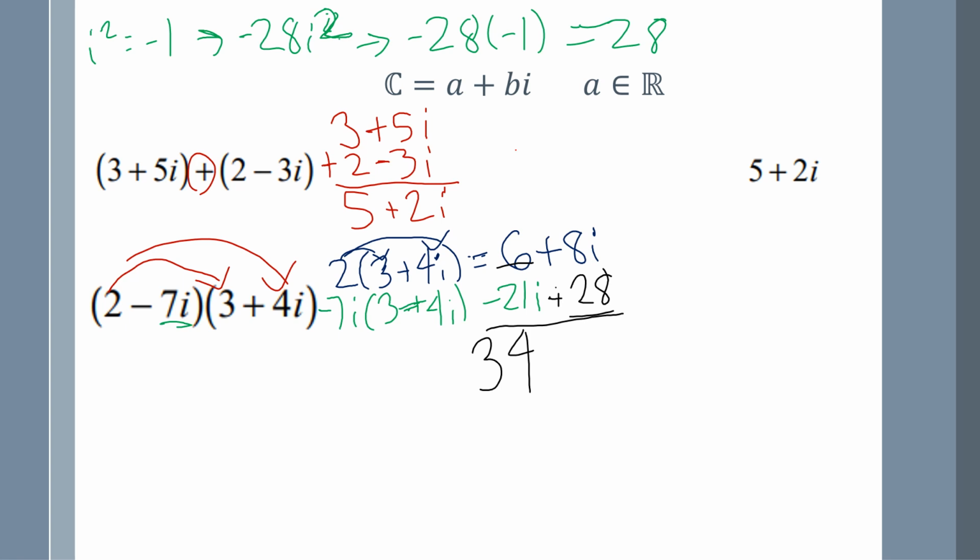Alright? 8i minus 21i. That's going to be negative 13i. And let me fix my 3 because it looks like a B. I want that to be seen. And there we have it.